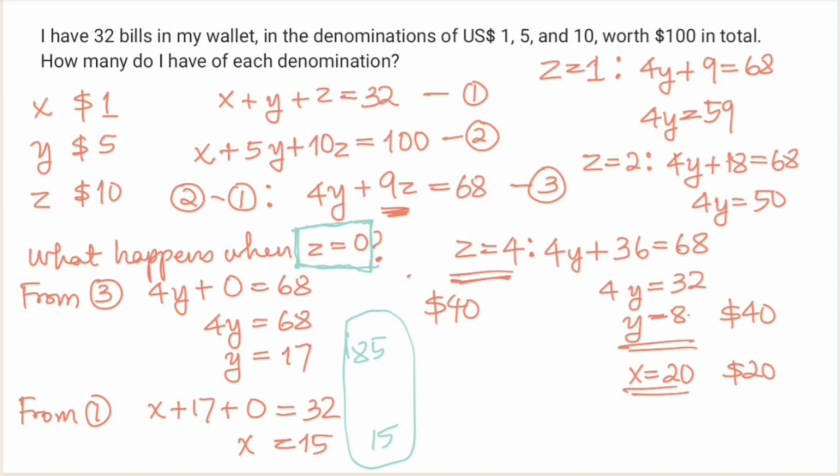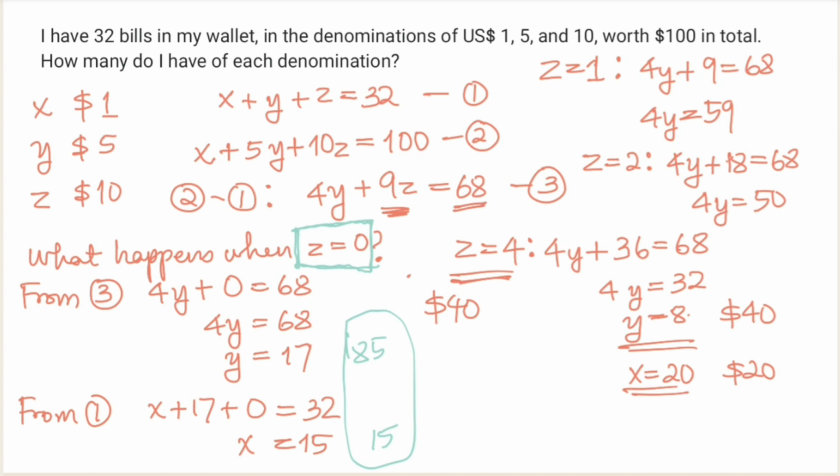We could try with different values of z. Z equals 5, but again, using the same principle that we want a multiple of 4 at the end of simplification, we know that z equals 5 is not going to work because 5 times 9 is 45, and subtracting from 68 gives us 23.